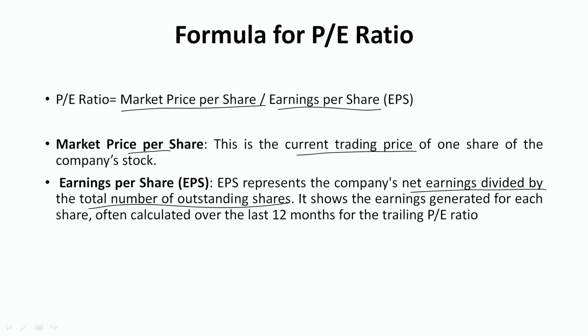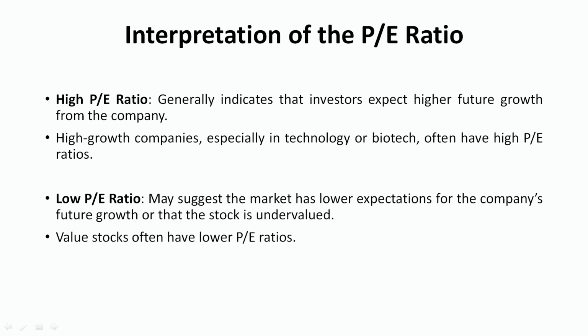So that is the formula for price earnings ratio, and its interpretation: a high price earnings ratio is always considered good because investors expect higher growth in future, and higher growth companies will normally have a high PE ratio. These are companies involved in technology, biotech, pharmaceuticals, or anything of that sort. All these would have a high PE ratio because they are considered to be high growth companies.